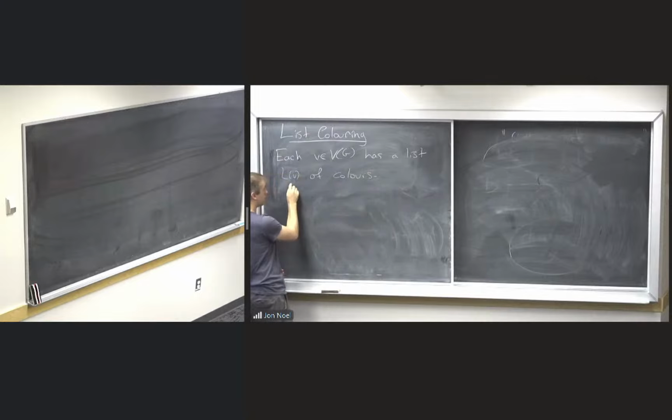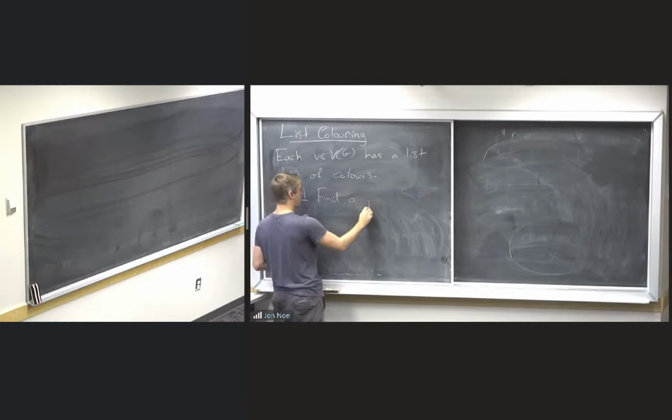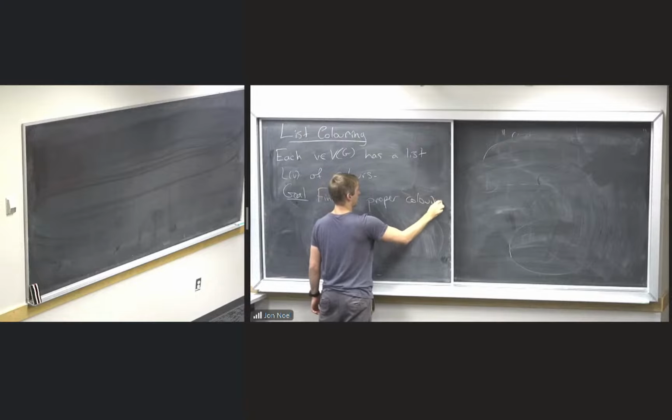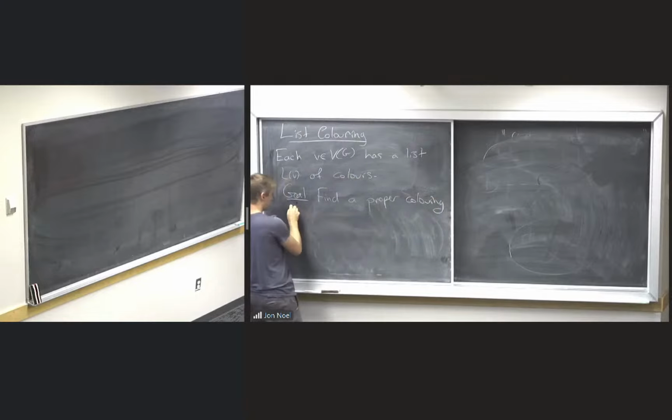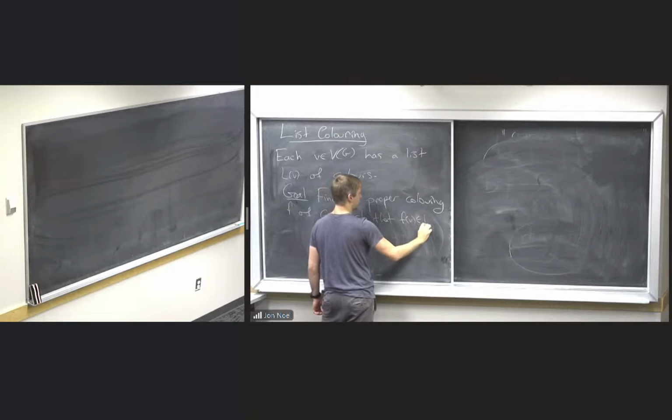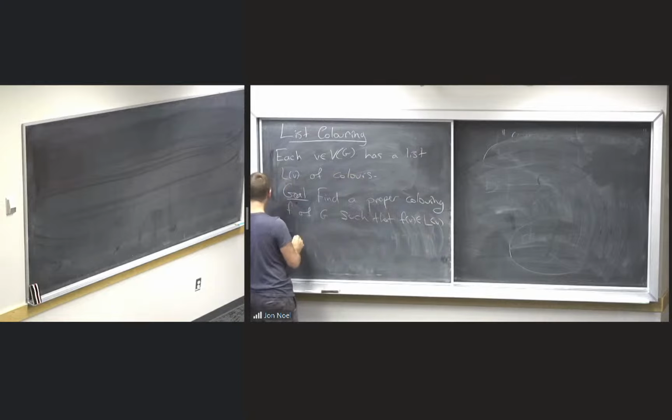Our goal is to find a proper coloring where each vertex gets a color in its own list, and different vertices may have different lists. So find a proper coloring f of G such that f(v) is in the list for v, for all vertices v.